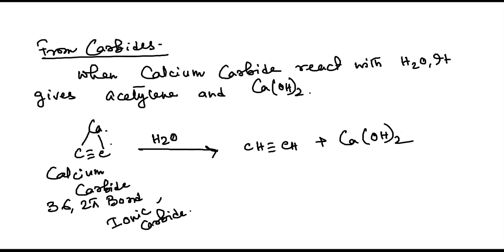So this is a very good example of ionic carbide. Whenever you give water to calcium carbide, this will always produce acetylene with the evolution of calcium hydroxide. So this is the general preparation of your acetylene.